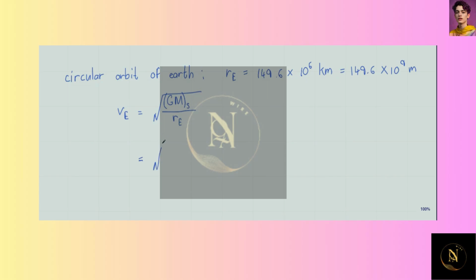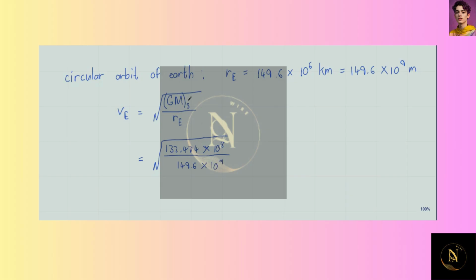And if we substitute our values in here, we get this to be the square root of 132.474 times 10 to the 18 over 149.6 times 10 to the 9.